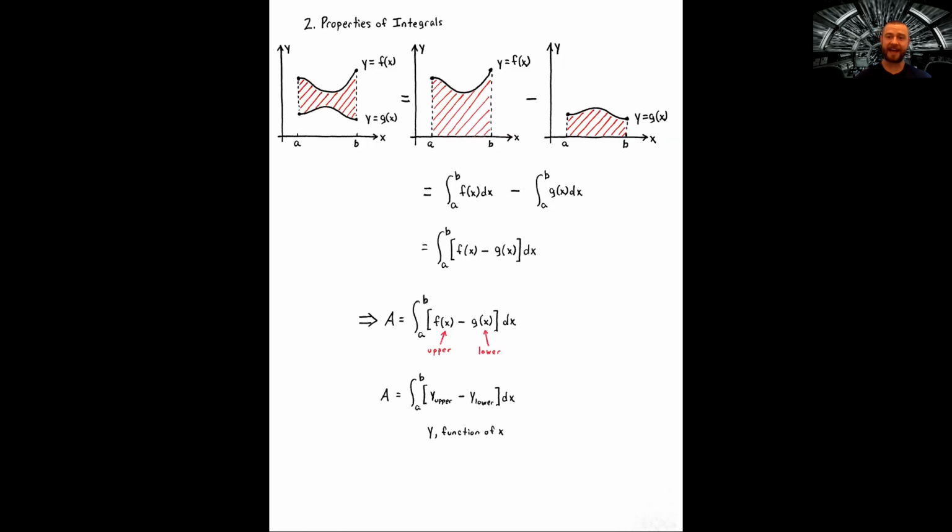Instead of writing it as f and g of x, let's replace them with what they represent. f of x was the upper curve, g of x was the lower curve. Now here we're thinking of y as a function of x, so we can rewrite this formula as the integral from a to b of the upper function minus the lower function. But keep in mind here, we interpret y as a function of x.